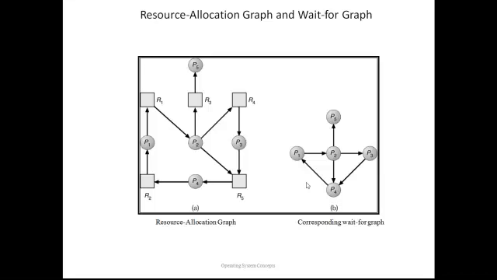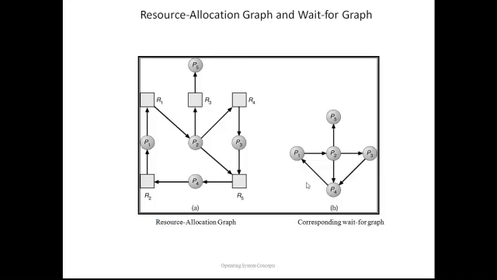We are having one example. Here is a resource allocation graph where we are having 5 processes and 5 resources. In allocation, edges are given.